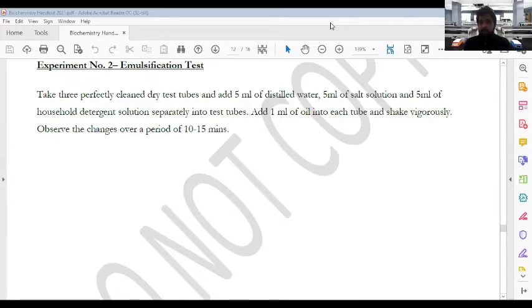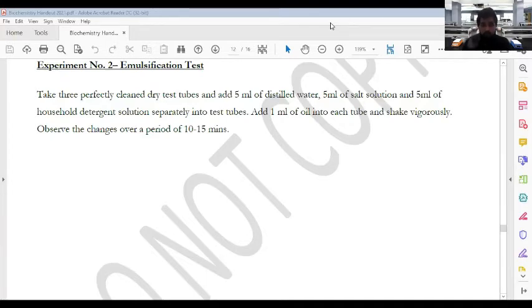On the other hand, butter is a water in oil type emulsion. It means the larger portion is oil and the smaller portion is water. Water is the dispersed phase and the continuous phase is the lipid or the oil.